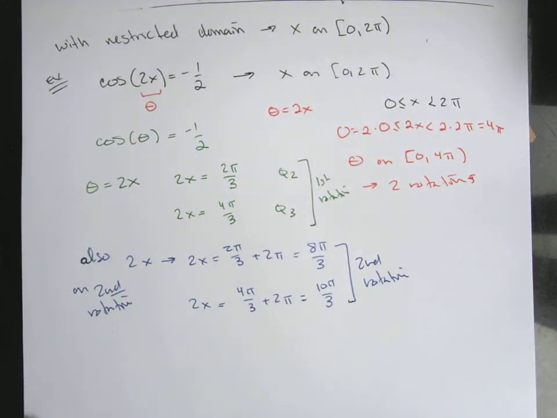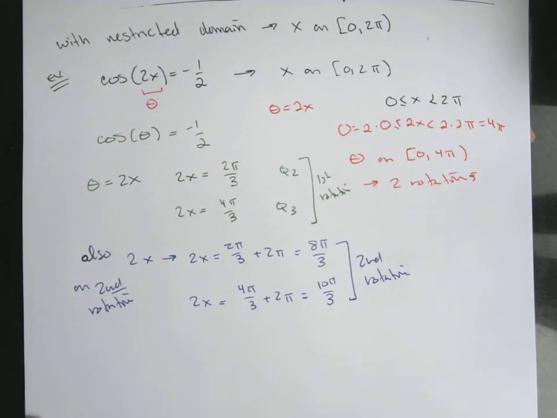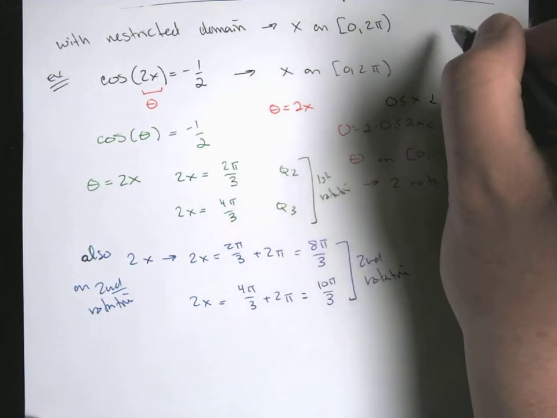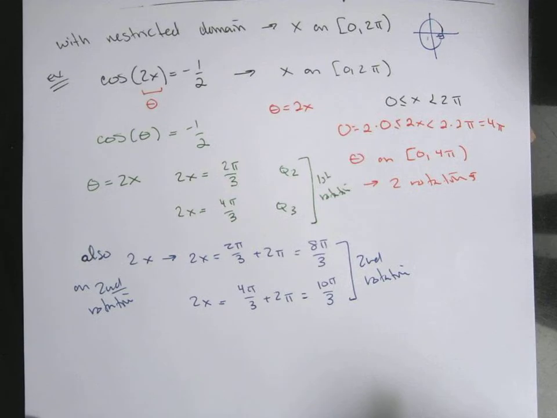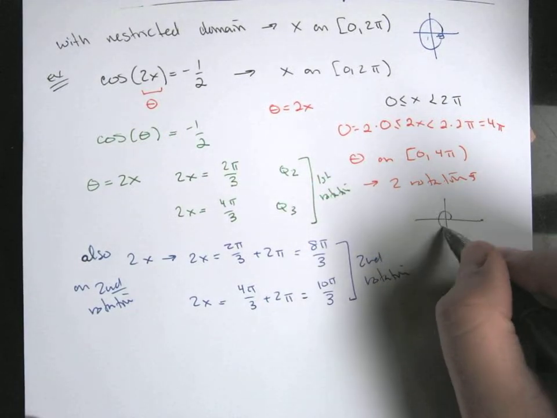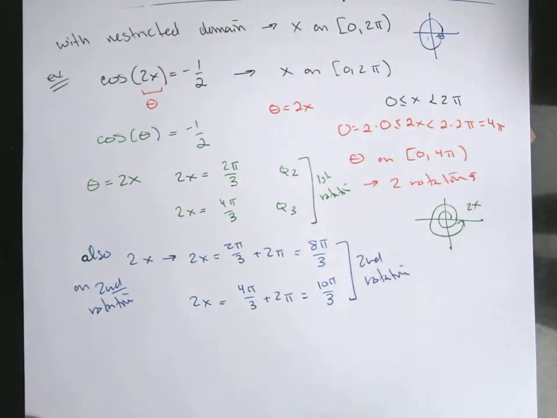Now, this seems like we've gone off the rails a little bit, right? Because we said specifically I want an x value that only goes from 0 to 2 pi. So my x is just doing one rotation around. But if that's x, 2 times x is going to go around twice. So once, twice. So that's 2x.